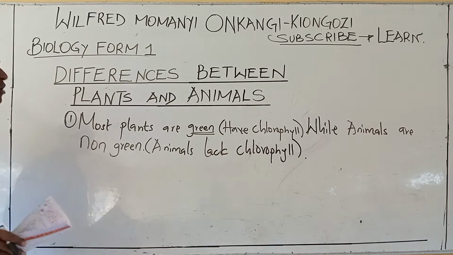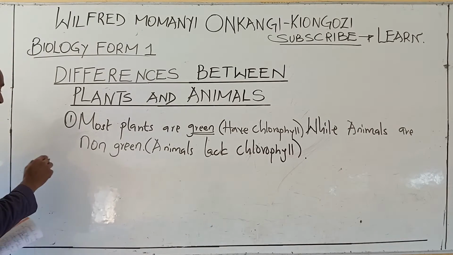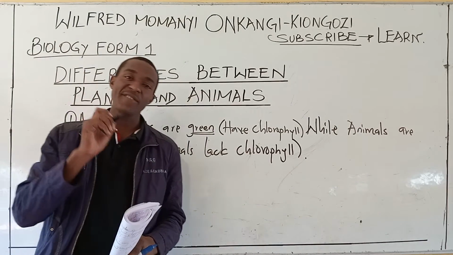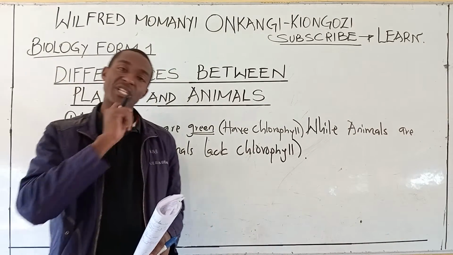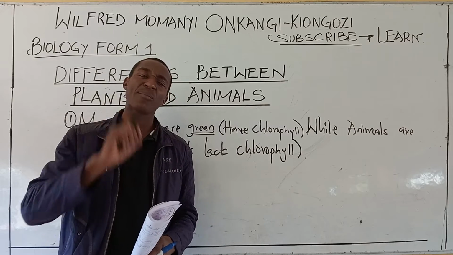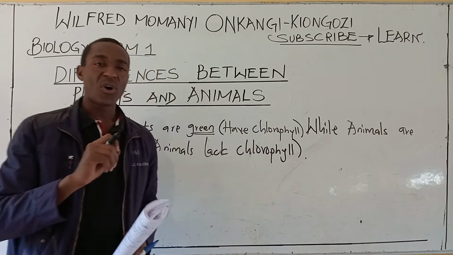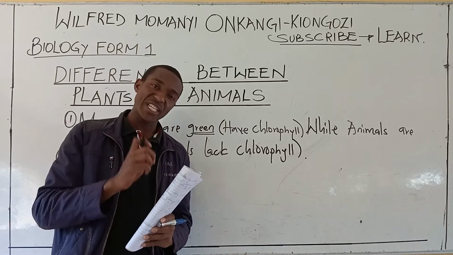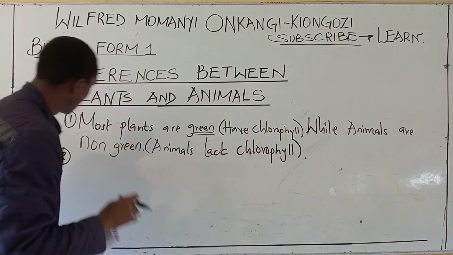Number two, we talk about irritability. Irritability is the ability of living organisms to detect changes in the environment and respond appropriately. So, how differently do animals and plants respond to changes in their environment?